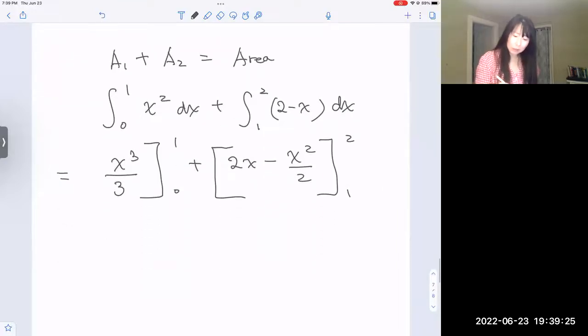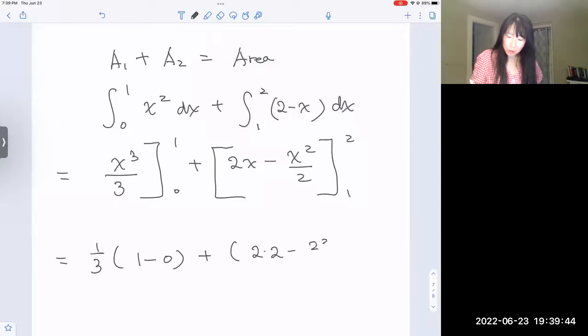Okay, now 1 over 3, or we can just factor out, so 1/3 times 1 minus 0, plus we have 2 times 2 minus 2 squared over 2, minus again 2 times 1 minus 1 over 2, right?